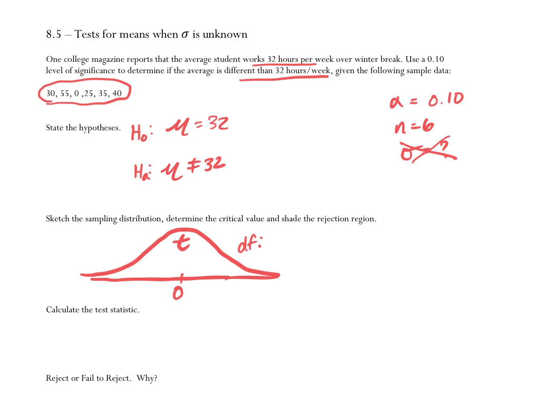What is my degrees of freedom in this case? How do I calculate degrees of freedom? It's always my sample size minus 1. So in this case, my degrees of freedom will be 5.